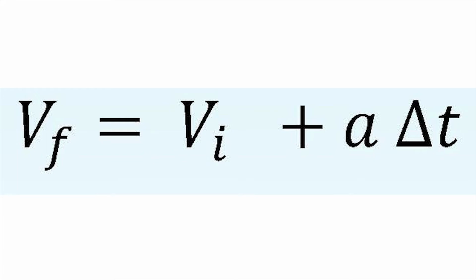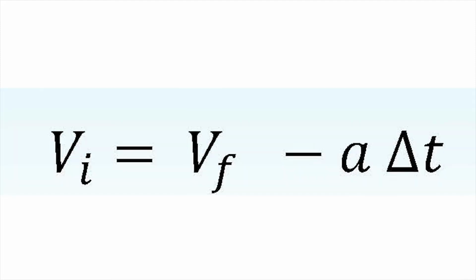Equation 3: final velocity is equal to initial velocity plus acceleration multiplied by change of time. Equation 4: initial velocity is equal to final velocity minus acceleration multiplied by change of time.